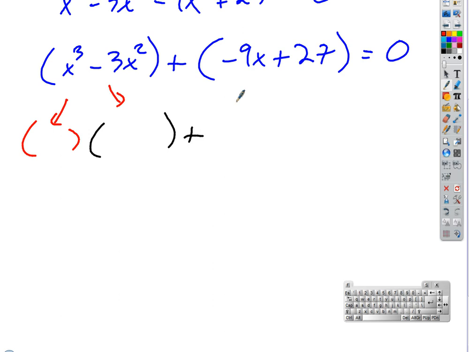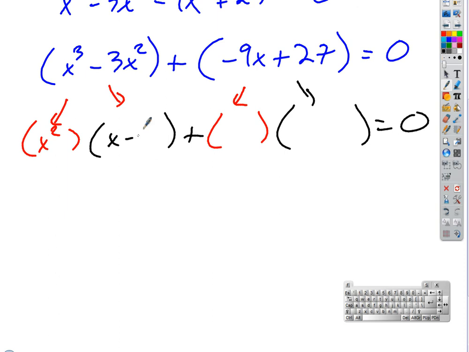We'll just quickly blow through this one. You guys have had a lot of practice with this. What's the greatest common factor of that first group? X squared. Okay, good. I can pull out an x squared. What's that leave me with if I pull out an x squared? X minus 3. Good. If I factor out an x squared, I'm left with an x minus 3.